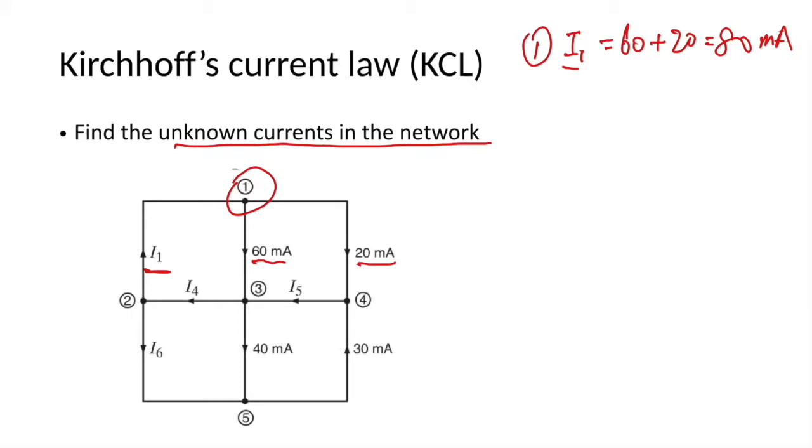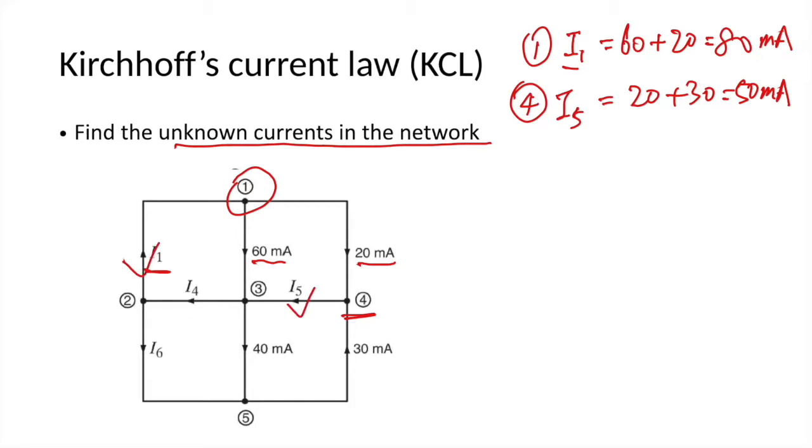For node 4, I5 is leaving node 4 and 20 and 30 are entering node 4. So I5 equals 20 plus 30, so that's 50 milliampere. So we know I5, we know I1, right?